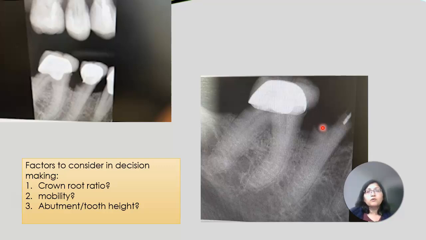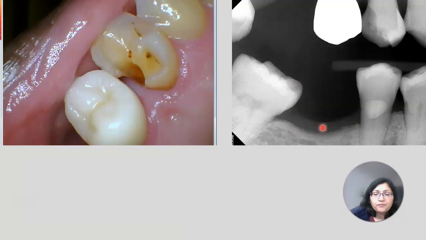So these are the most common factors, restorative factors as well as periodontal factors, that you are considering. Now, I will be coming to the discussion of those cases that we have shown you, but I really want you to start thinking about this particular issue.